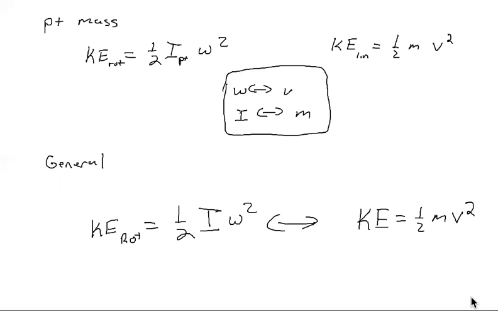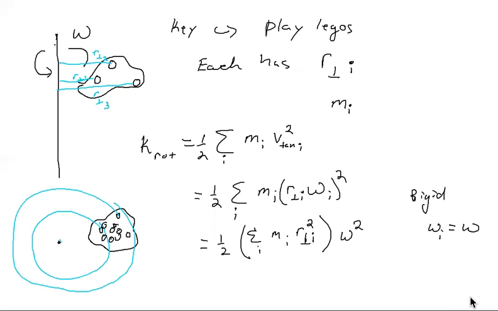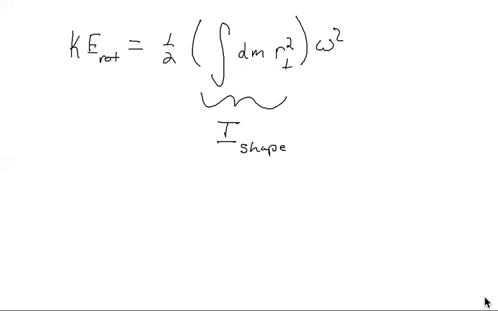Let's see how this plays out in practice. So let's imagine that we have an object that rolls without slipping. We're going to take this to be a solid disk.